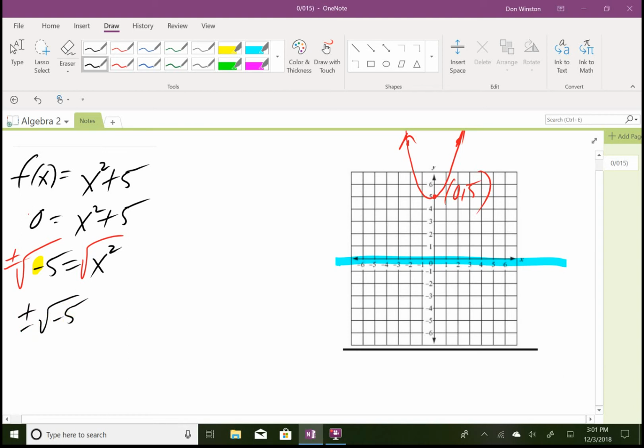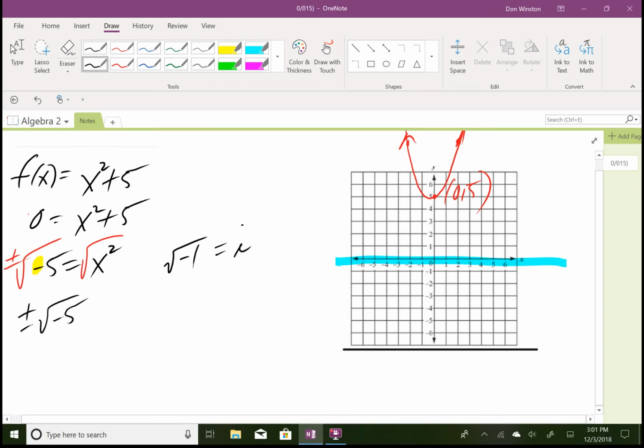Well, algebra is all about trying to solve for unknown variables using math, so we need a way to deal with this negative underneath the radical. Mathematicians came up with this solution. They said we'll have the square root of negative 1 be represented by something we call i, an imaginary number.